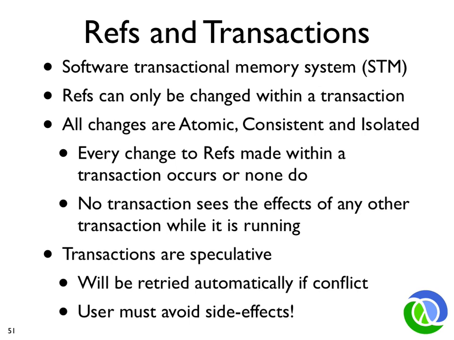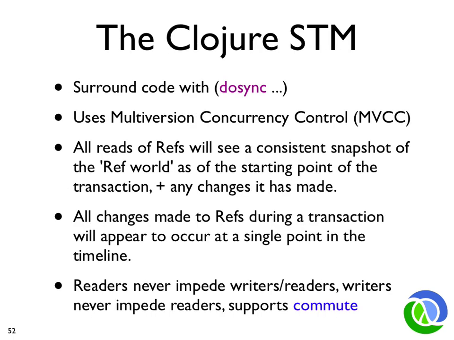I am not going to be able to maintain a consistent view of the world and have a successful commit. So do-over. And that's what happens in STM. So you get an automatic retry, which is great. And it is absolutely what you want. But you have to avoid doing any side effects in the transaction. I can't enforce that, but if you have side effects and you get retried, you'll have your side effects happen more than once.